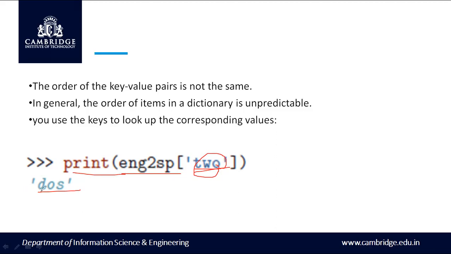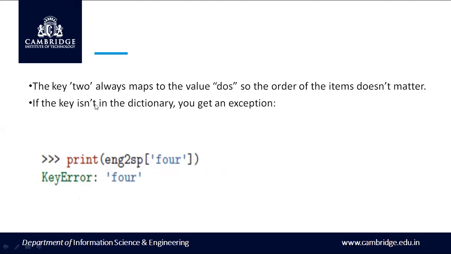So through keys, we can display the corresponding values. If you want to display the key based on the values, we can do so using the values method. The key 2 always maps to the same value, so the order of items does not matter.